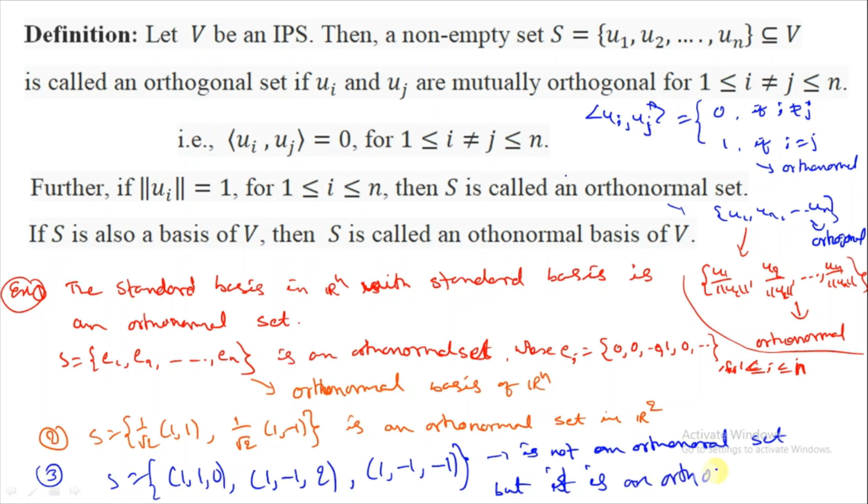Every orthogonal set we can convert to an orthonormal set. Divide each vector by its length: the first by root 2, the second by root 6, and the third by root 3. Then this set is converted to orthonormal.